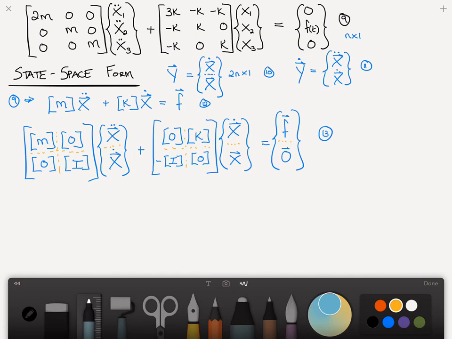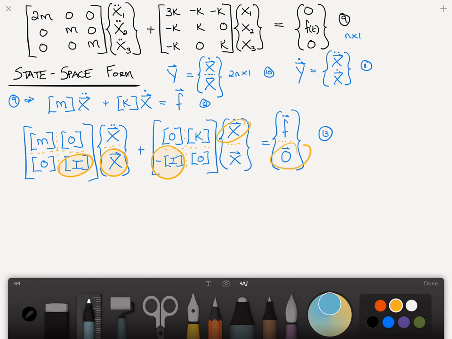What that says is that m times x double dot plus k times x is equal to f. Well, that's exactly what we have in number 9 above. So we haven't changed anything there. What we've added to the mix is at the bottom we've said that I times x dot, minus I times x dot, if you multiply those through, is equal to 0.